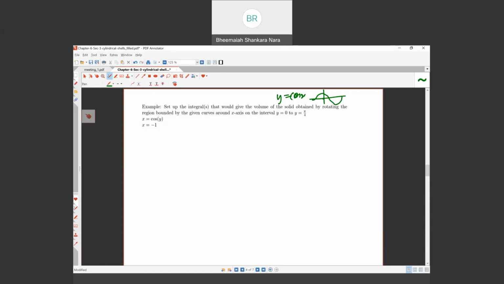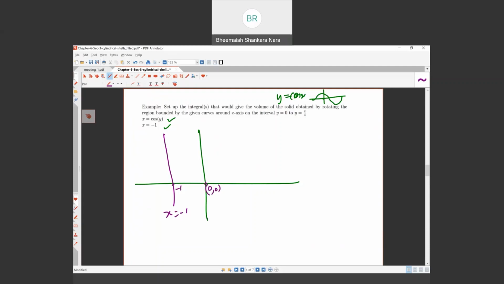So let's try to draw these two and see where they are going to intersect. So this will be our x equal to -1 line. This is x equal to -1 because this is -1, this is 0.